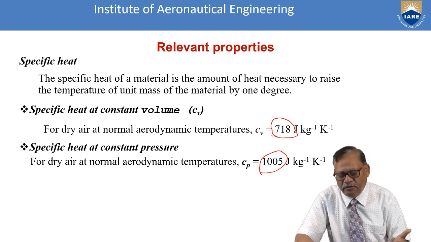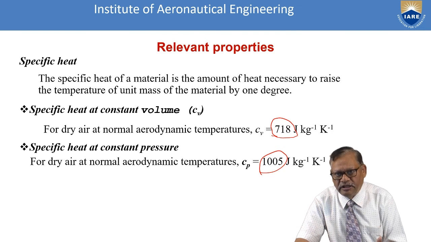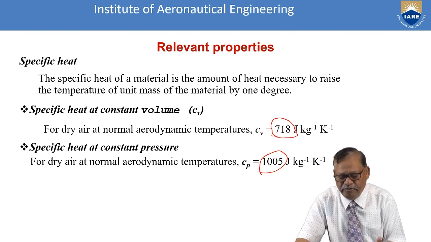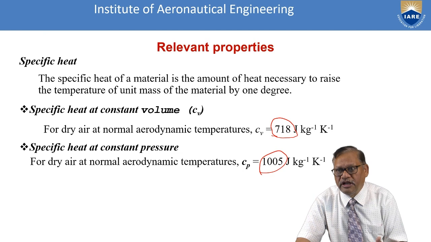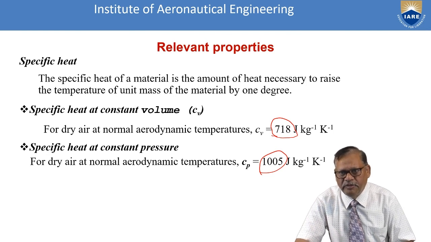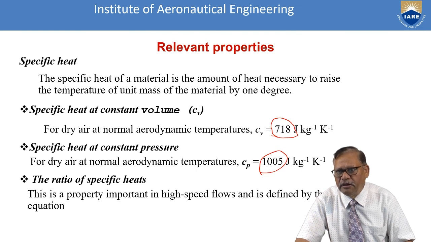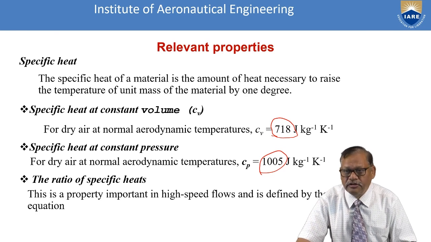Most frequently you will use one parameter called gamma, the ratio of specific heats. That is very important, and why it arises we will discuss in some coming classes. CP by CV, the ratio of specific heats, is most important for high speed flow, that is, when the flow becomes compressible. It is denoted by gamma.